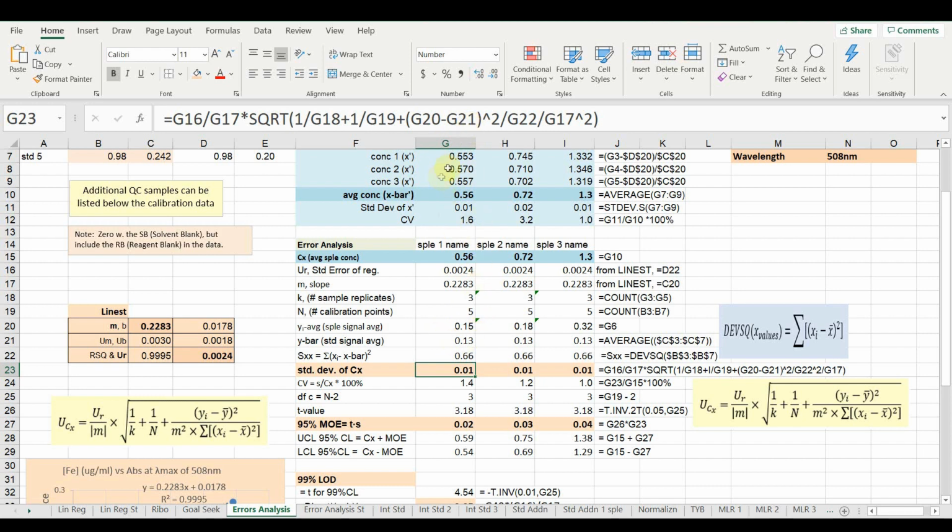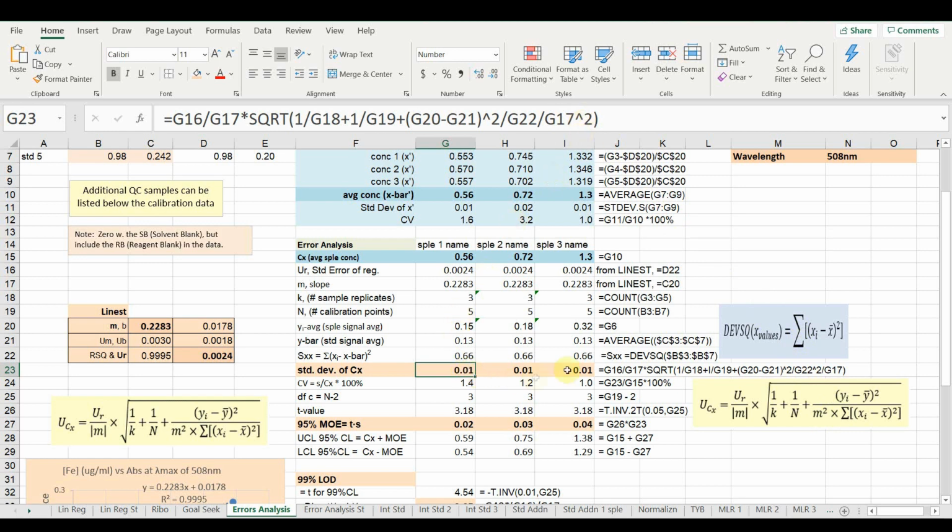That is squared. Notice the term is squared in the numerator. Now I chose to divide by the deviation squared first, just to keep the numbers increasing sequentially. G17, 18, 19, 20, and 21, and so on. So here we're dividing by G22, which is the deviation squared term, and finally we're dividing by the slope squared. See it here, slope squared, G17 squared.